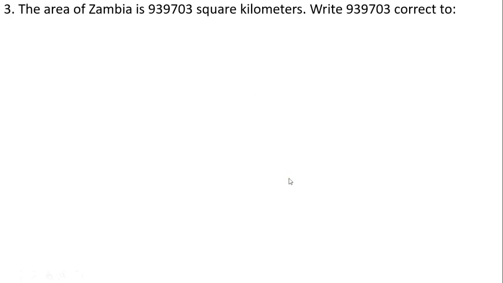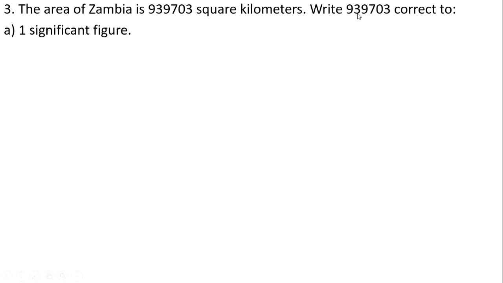The area of Zambia is 939,703 square kilometers. Write 939,703 correct to one significant figure. So to round it off correct to one significant figure, you have to check the digit before the one you are supposed to round off.